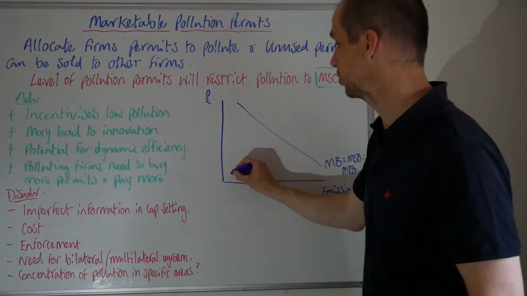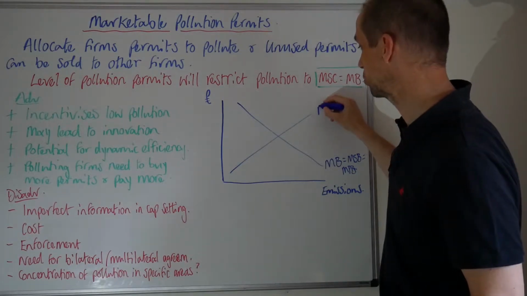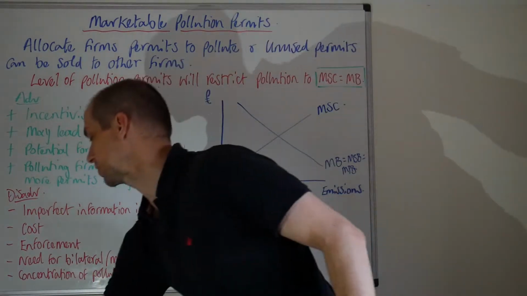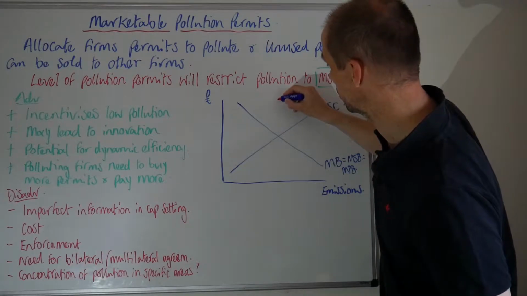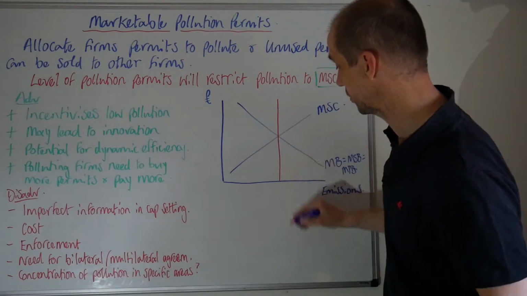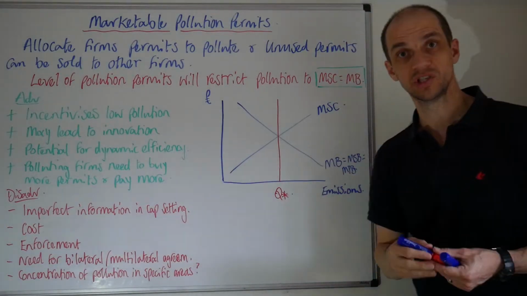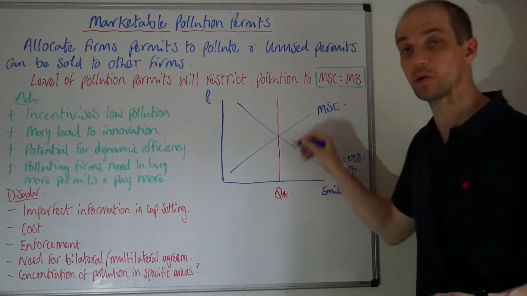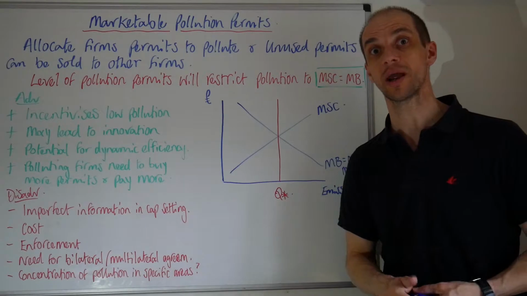Meanwhile we would also have, of course, our marginal social cost here, and as a direct consequence of such a policy we can see that pollution permits would be limited to this level, and let's label that Q star. So at Q star that is the level of pollution permits that we would want to enforce within the marketplace and allow to be traded.